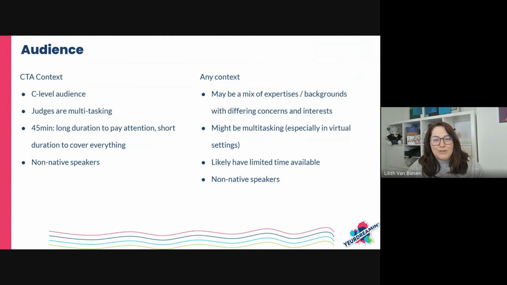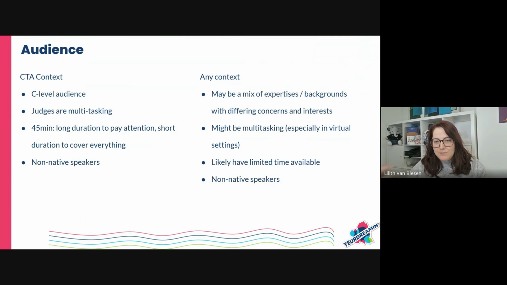They might also be multitasking. I think, especially when you think virtual settings, you have your Outlook open, or there's maybe another conversation happening in the background, or maybe your cat is next to you making all kinds of weird noises. There could be a multitude of things that cause confusion or a bit of distraction.